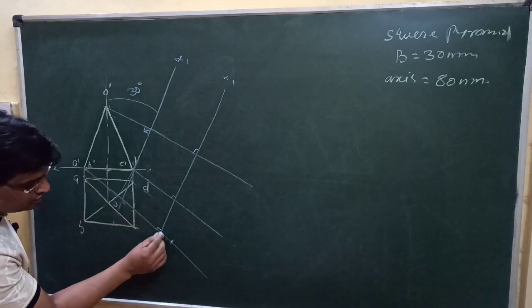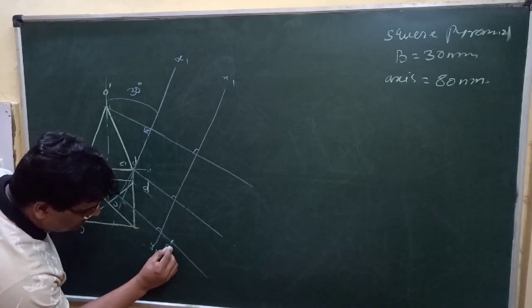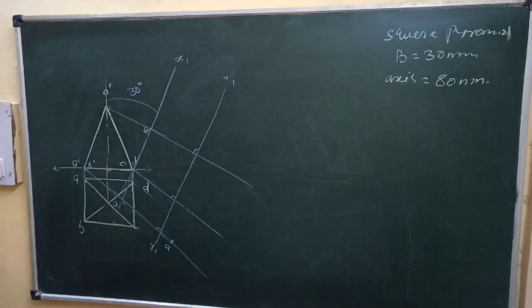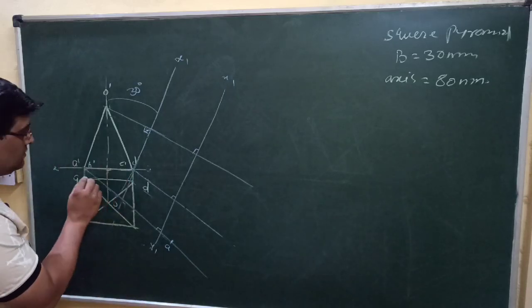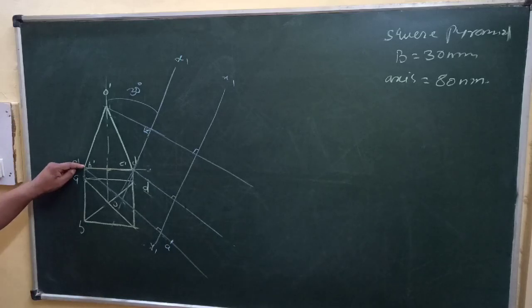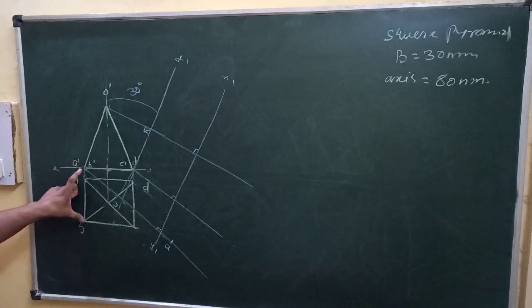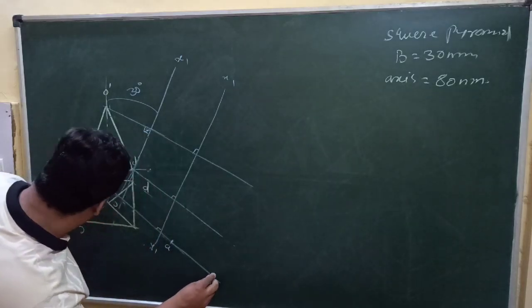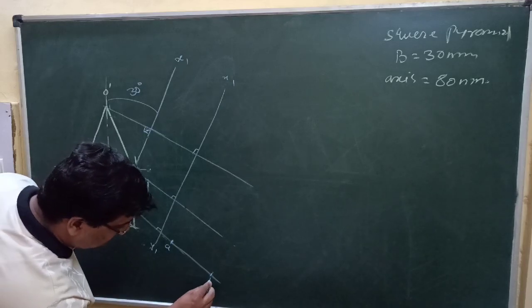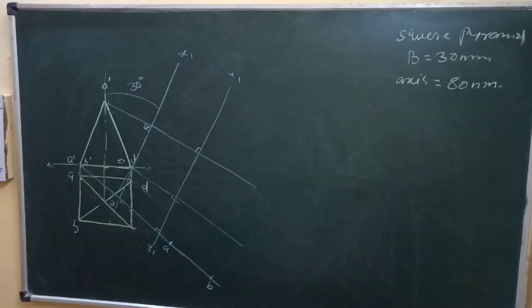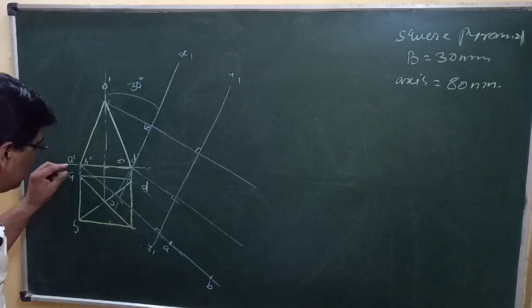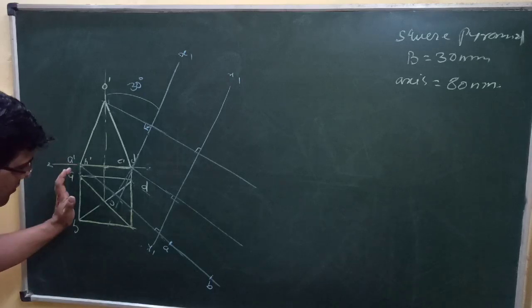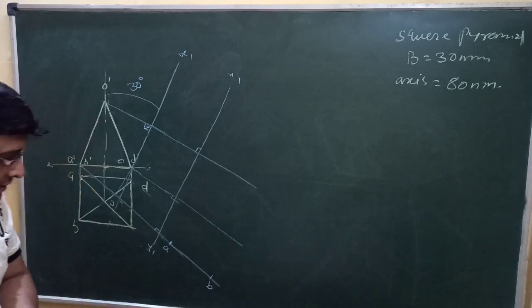This distance is equal to this distance, so A in the top view is obtained. For B, we have to take the distance from the XY line to B, this much of distance. Take this distance and cut on the line, say here, so B is obtained.